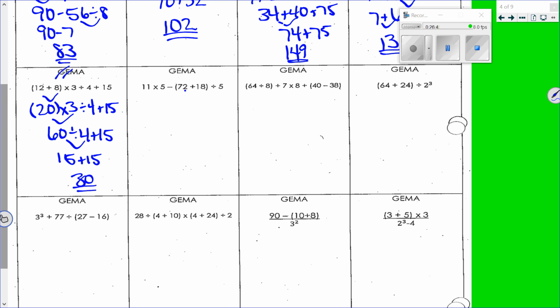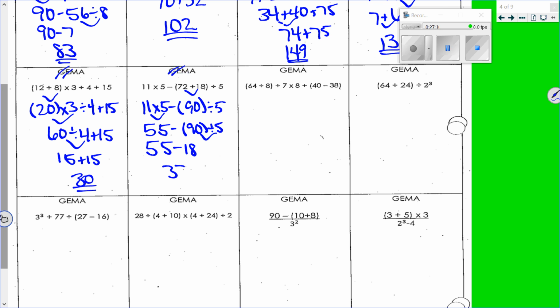Next one, we do again have a grouping here. 11 times 5 minus 72 and 18 is going to give me 90 divided by 5. No exponents. The multiplication division goes left to right. So we have 55 minus 90 divided by 5. Now I have a division on this side. 55 minus 18 gives me a total of 37.